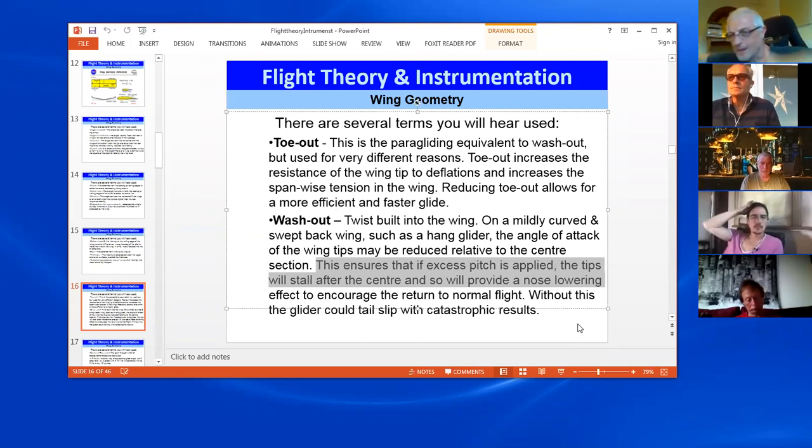It changes the stall effect and brings it back into level flight. Paragliders have washout, I don't think they do. Yeah, so it's more to do with hang gliders than paragliders.